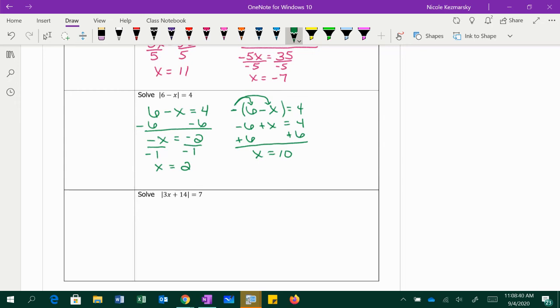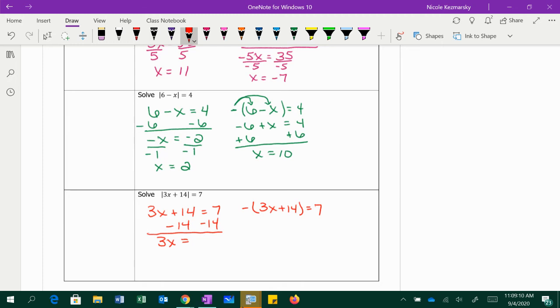Okay, let's try another one. So I'm going to set this one up the same way. I'm going to say 3x plus 14 equals 7, and negative parenthesis 3x plus 14 equals 7. I'm going to subtract 14 from the equation on the left and get 3x equals, let's see, that's big for my brain over summer.